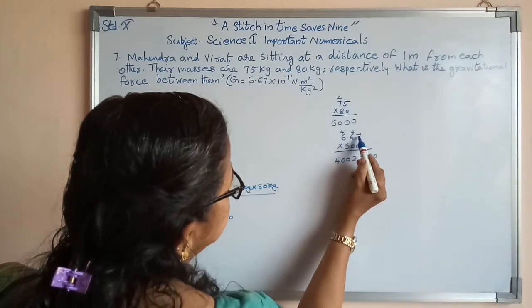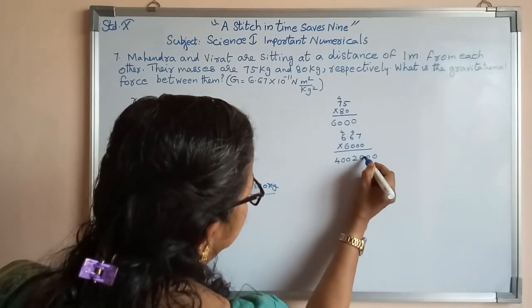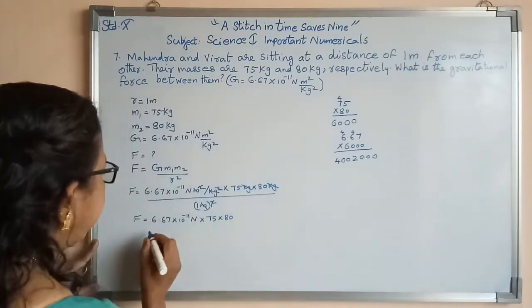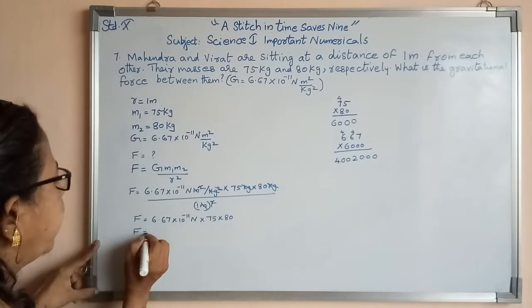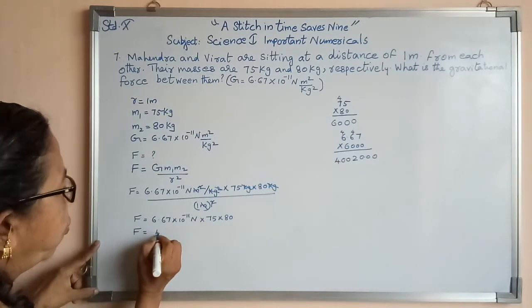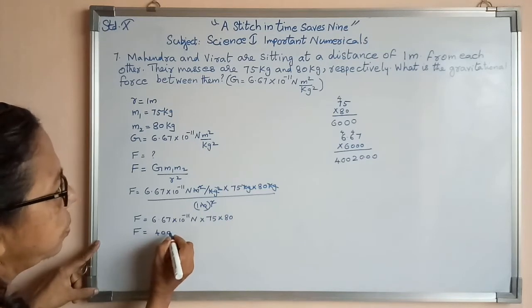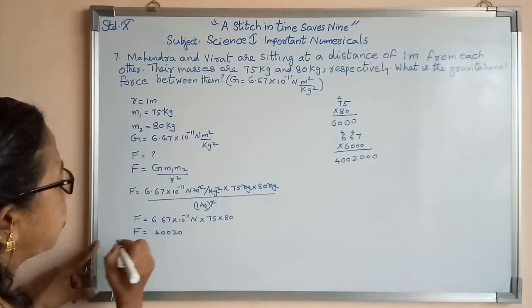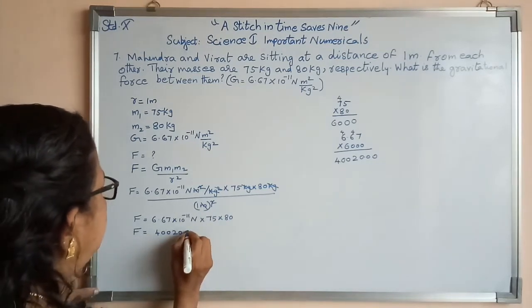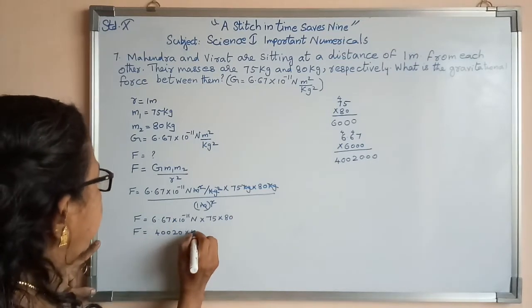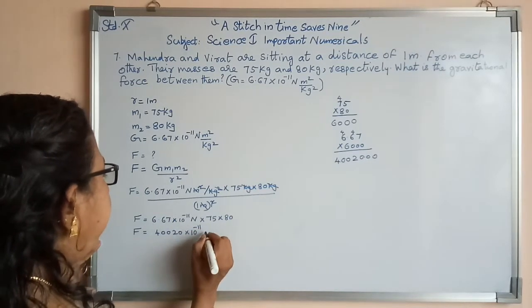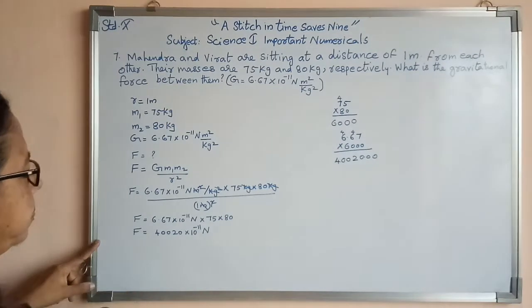Now here how many decimals? 2 decimals. So I am removing 2 decimals. So we are getting the answer now. F is equal to 40020 into 10 raised to minus 11 Newton.